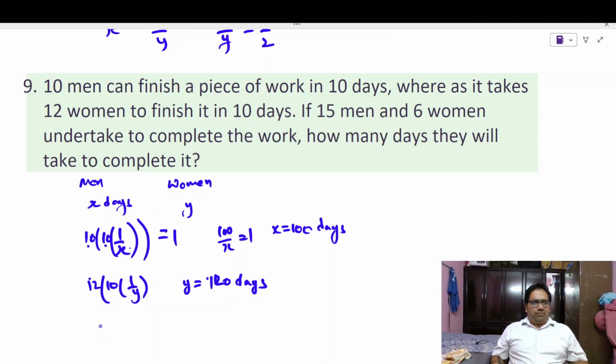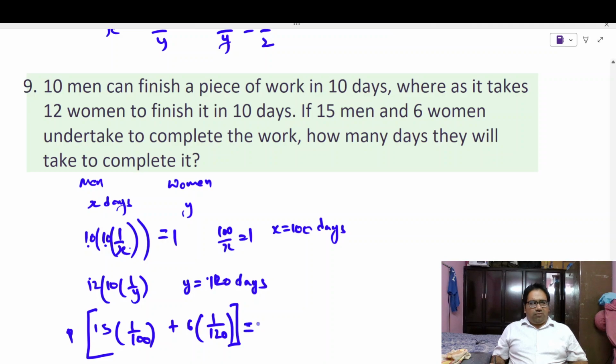Now 15 men and 6 women are working. 15 men, 15 into daily 1 by 100 that they are doing, plus 6 women, 6 into daily 1 by 120 they are doing. How many days do they work? Let's assume P days. How many days if they work will the work become 1? That is the question.